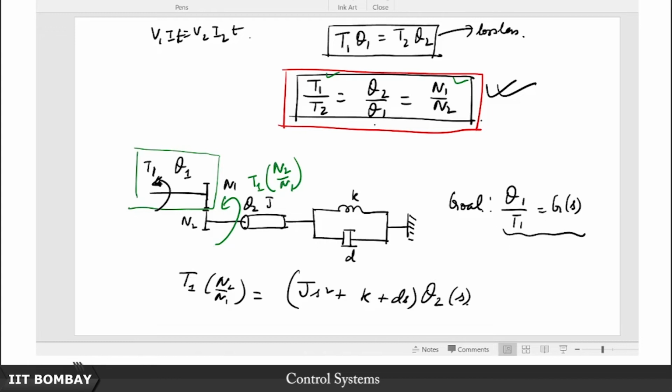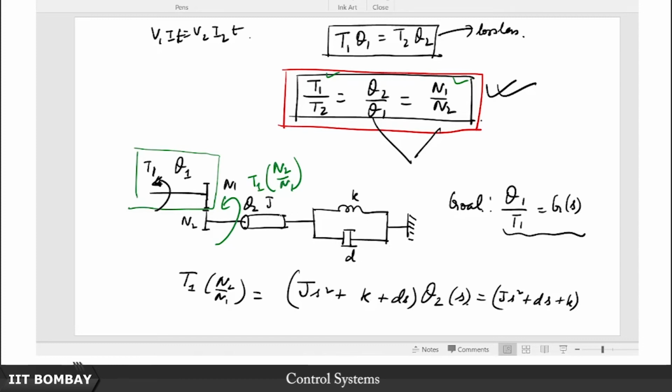How do I do that? Once again, this will help me. So what do I know about this? This is going to be nothing but Js squared plus Ds plus K. Remember why this is coming as a sum? Because this is a parallel assembly.